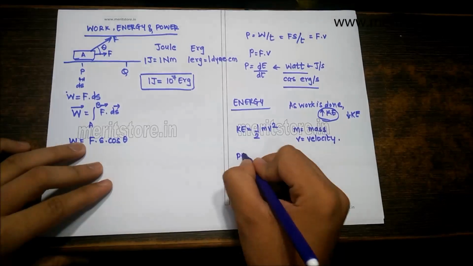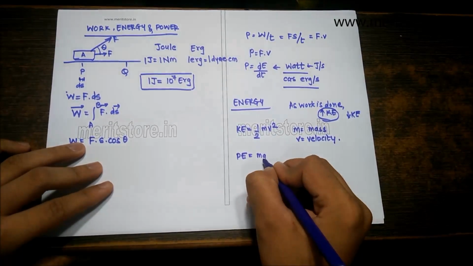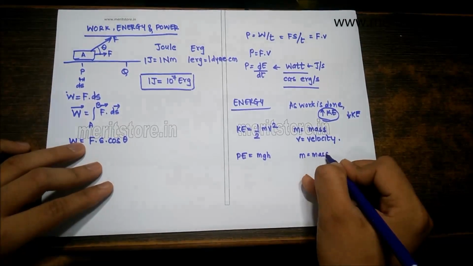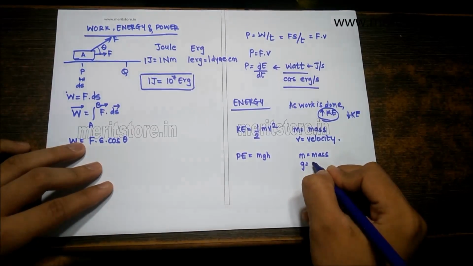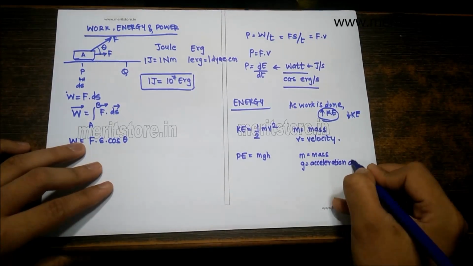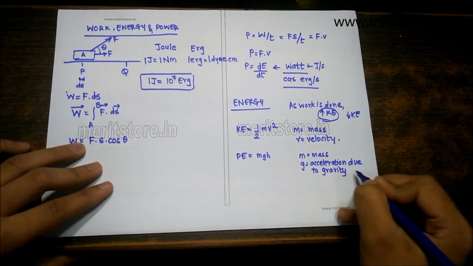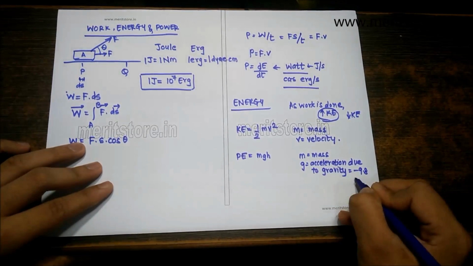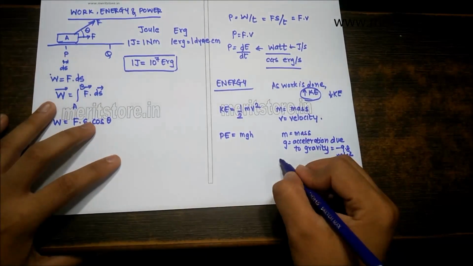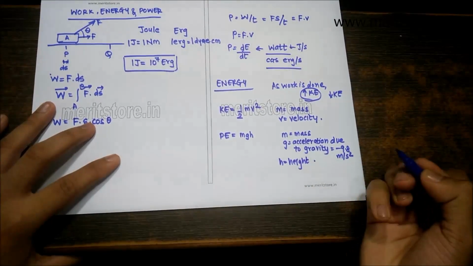While my potential energy, which is the energy when the body is at rest, is given by mgh, where m is again the mass of the body, g is the acceleration due to gravity, the value of acceleration due to gravity is minus 9.8 meters per second square, while h is the height at which the body is placed.